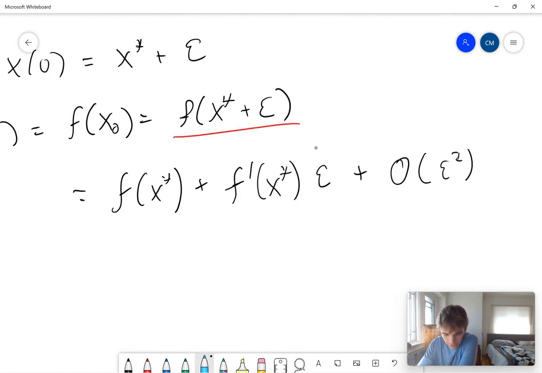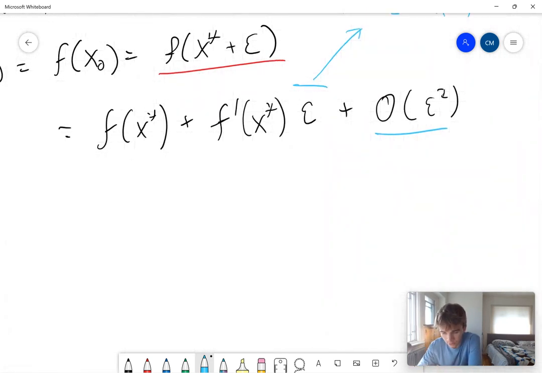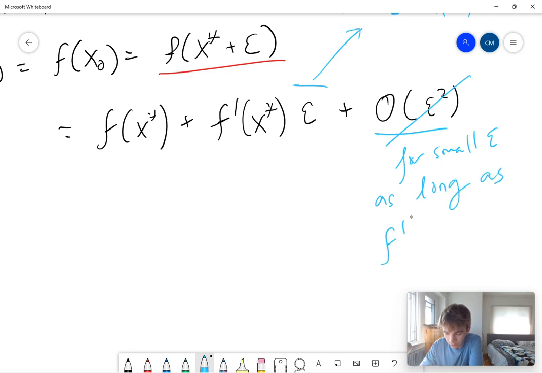Just a quick reminder, this epsilon is coming from x star plus epsilon minus x star in the traditional form of the Taylor expansion. And then here we have higher order terms that are all going to be multiplied by at least an epsilon squared. Okay, and so for small epsilon, this term becomes negligible, so long as f prime of x star is not equal to 0, okay?